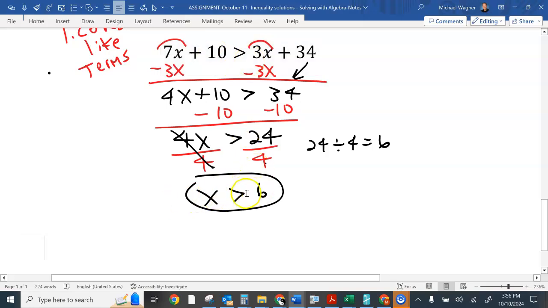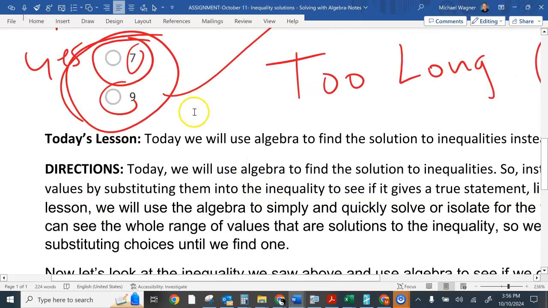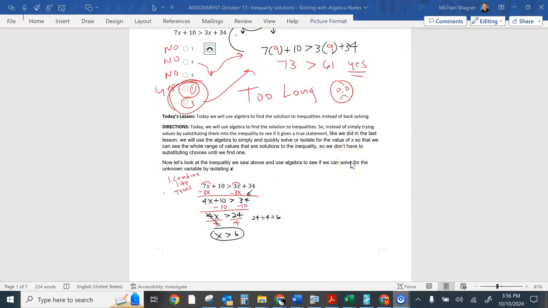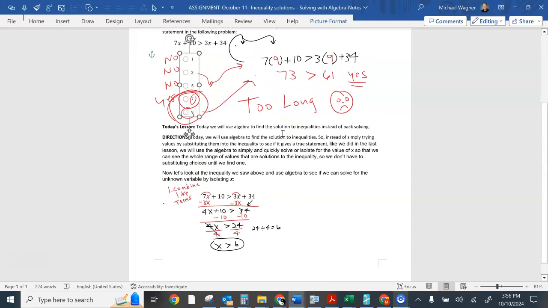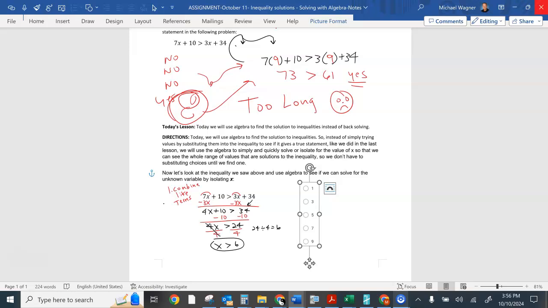Now that we know that, we're done. That means every value that's bigger than 6 is correct. Let's remember what we had over here. We had the answers and we know these are true, but look at this. This says x is greater than 6.